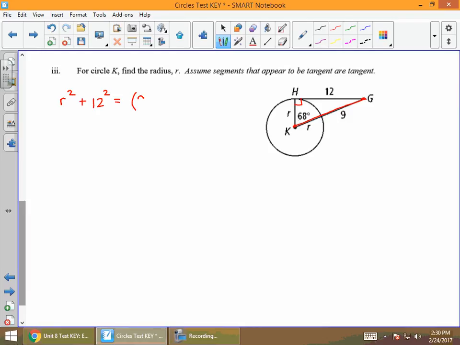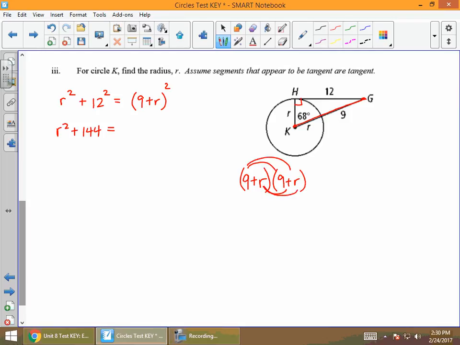That is a segment that's 9 and a segment that's R, so 9 plus R squared. All right, so that's R squared plus 144 equals, and now I have 9 plus R quantity squared, which means I have to do 9 plus R times 9 plus R, and I need to FOIL this thing, if you remember FOIL.